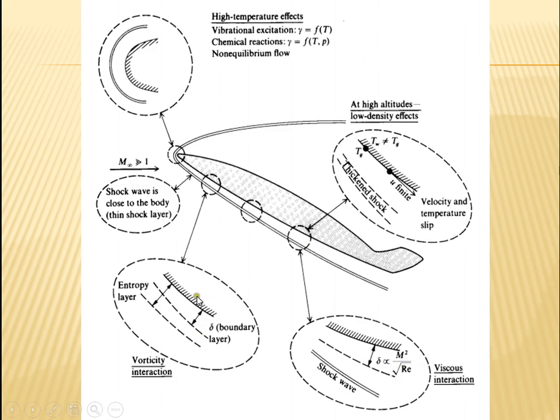In the case of the entropy layer, we normally see the vorticity interaction, and here we have viscous interaction. The boundary layer growth is directly proportional to M squared by the square root of Re, the Reynolds number. And then finally, at high altitude, we also face low temperature, low density flows. All these five hypersonic phenomena are summarized in just one picture.